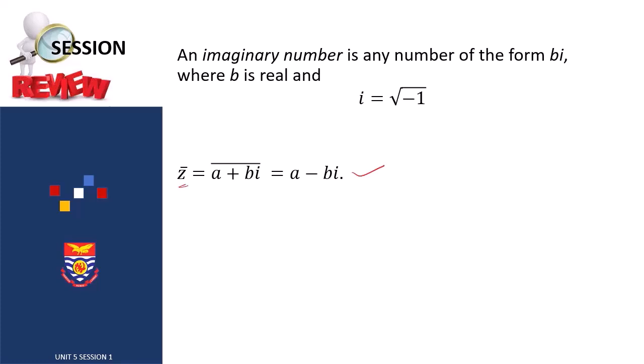So I give you the simplest assignment: go and prove that the conjugate of a conjugate is actually equal to z. So the conjugate of z conjugate equals z. Prove or show that the conjugate of a conjugate is actually equal to that same complex number.